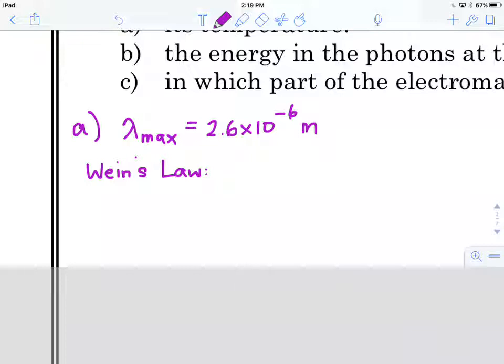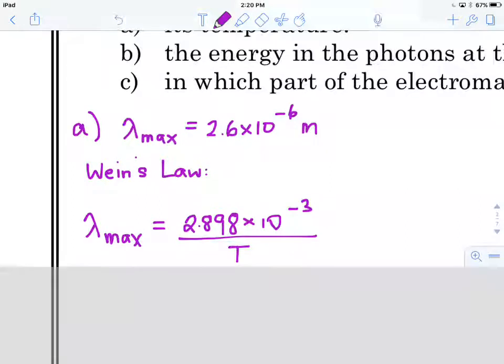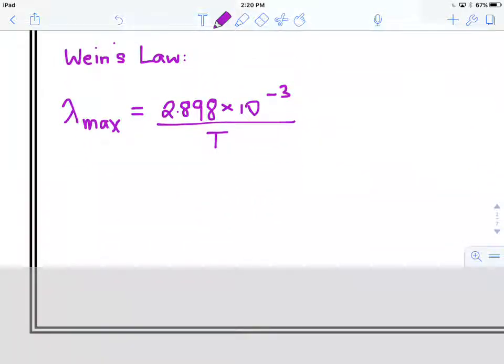And we get lambda max is equal to 2.898 times 10 to the negative 3, and we divide that by the temperature. So this equation now is just going to be a little switcheroo. T is equal to 2.898 times 10 to the negative 3.